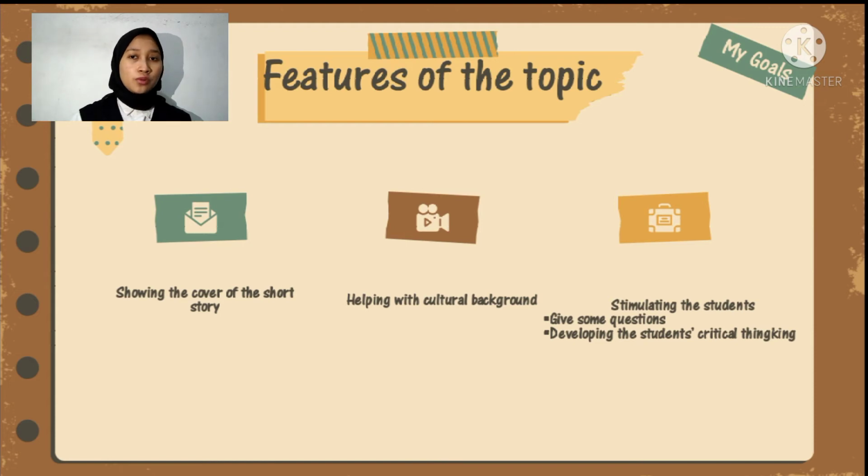What do you know about the short story, and what do you think about the cover of the short story? And the second of stimulating is developing the students' critical thinking by making a small group discussion and giving them the text of the story to discuss the setting of the story based on the context.